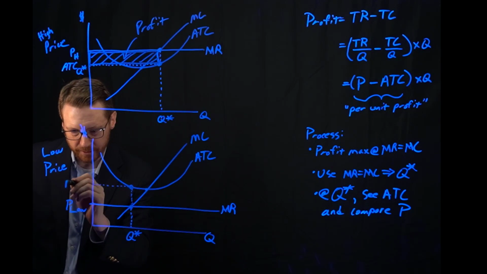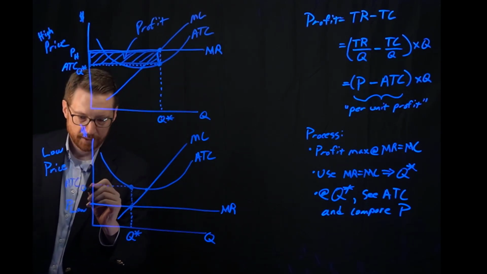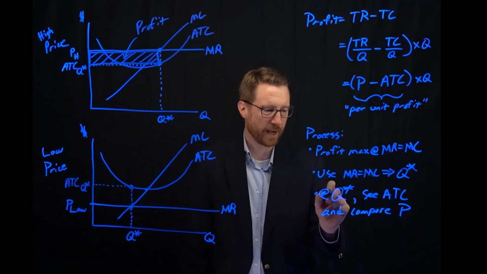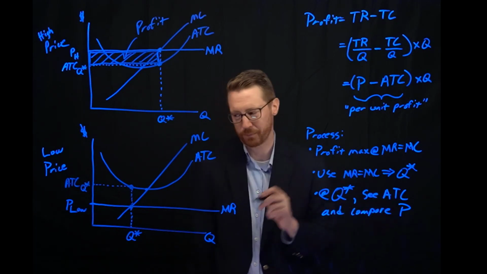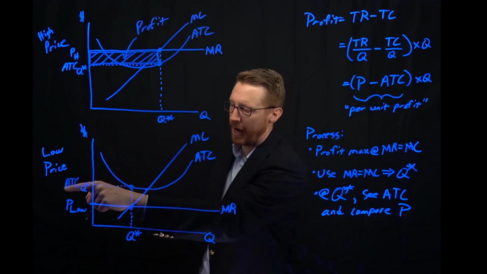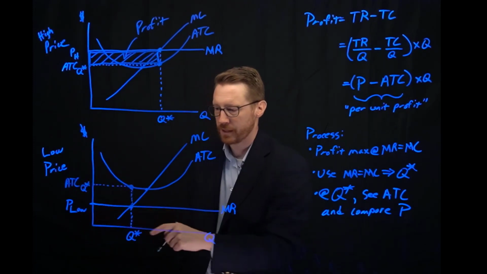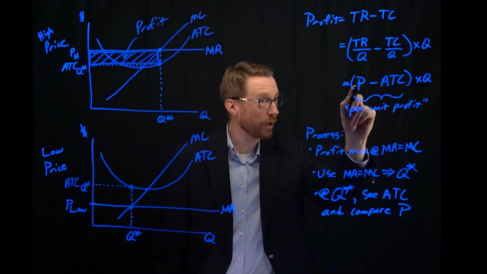So this is their average total cost for Q star. Right, so at Q star, see average total cost, and let's compare it to price. This firm's got a problem. Their average total cost is greater than the price. Right, over here, their average total cost is greater than the price.